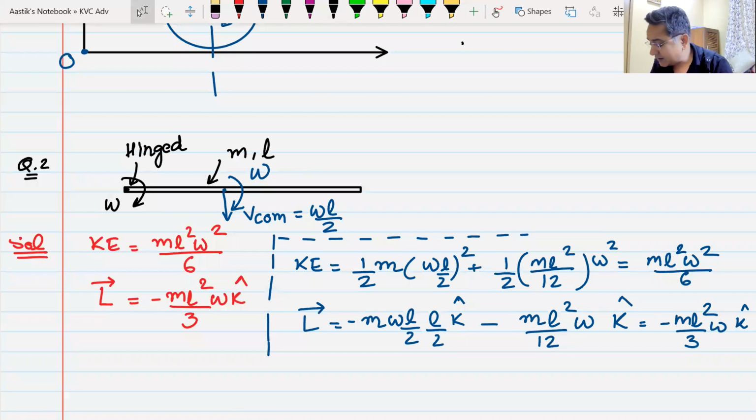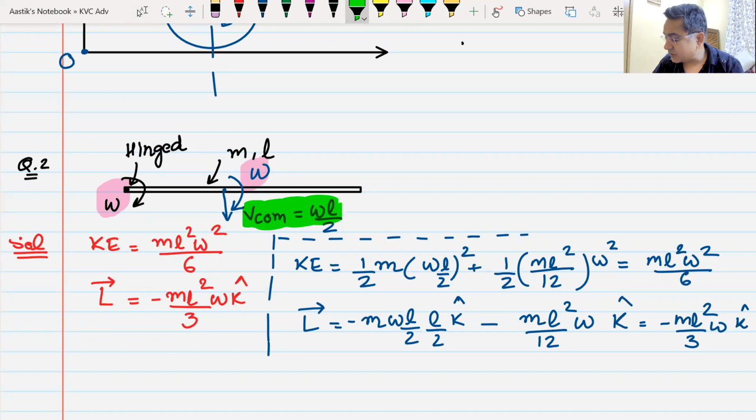In this question, this body was actually in pure rotation with an angular velocity omega, but we broke it into two motions. One was rotation about the center of mass and the other was translation of center of mass. Now what we have seen here is that the two angular velocities that we had taken were the same.